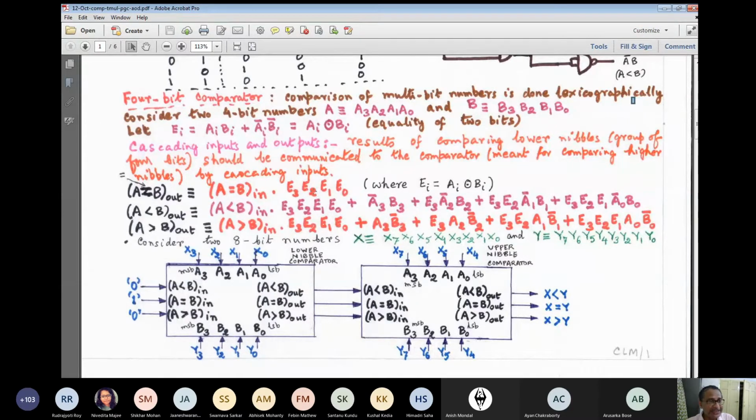That means the logical equations will change a bit, and the interconnections will still be there, no problem.